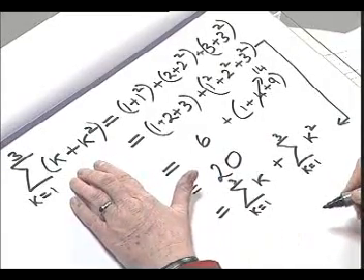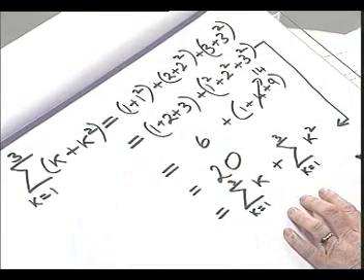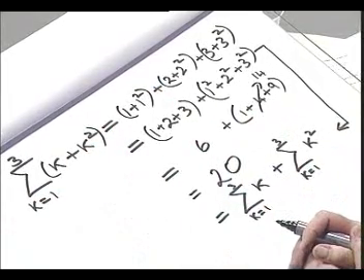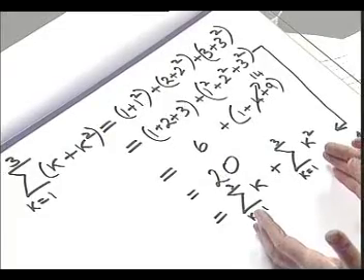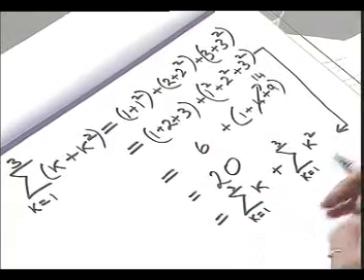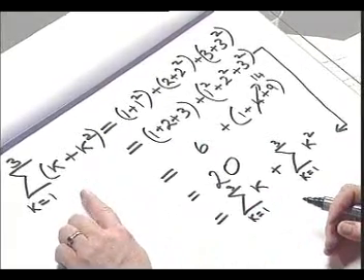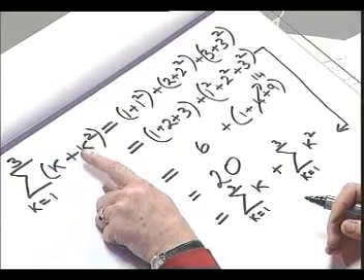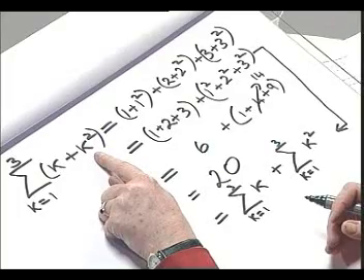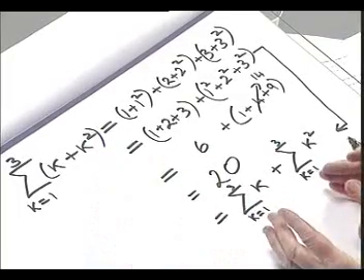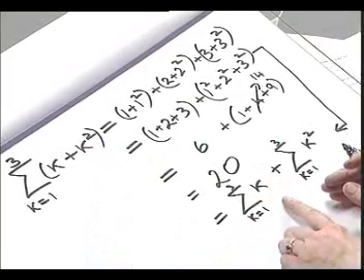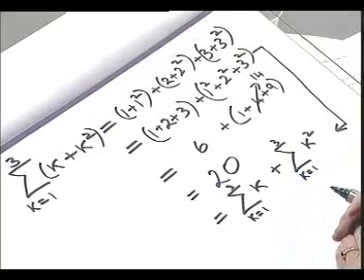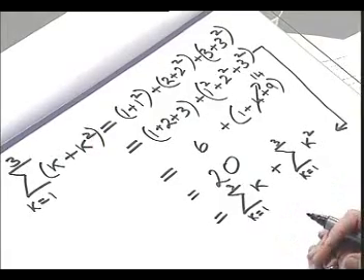Now look at what we'd started and look what we've got. We have broken this sigma notation up into two sigma sums. So here we've got the sigma of a variable plus another variable, and we've split it up to sigma of one variable added to the sigma of the other variable. We've used the distributive law.